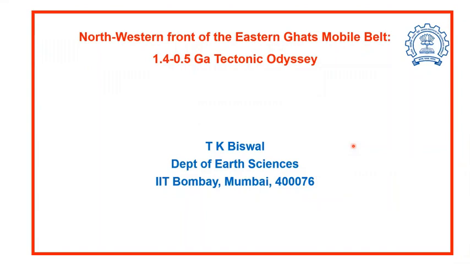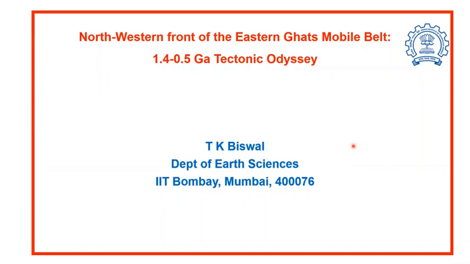This part of the mobile belt is very critical in the sense it is not like the northern boundary or the southwestern boundary, where you have an additional front like a Rengali front or Jaipur front or Krishna province front.